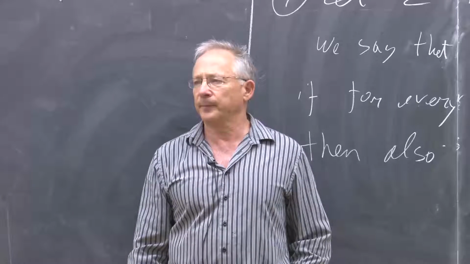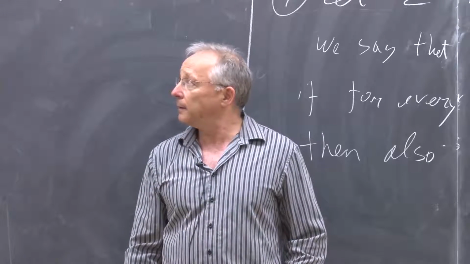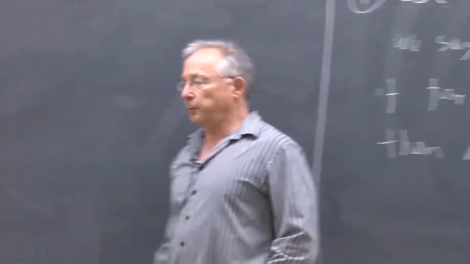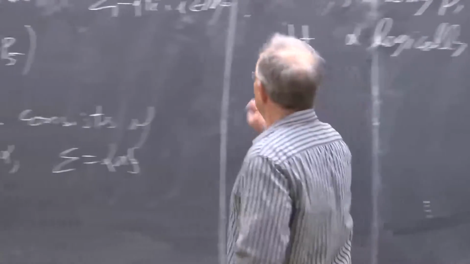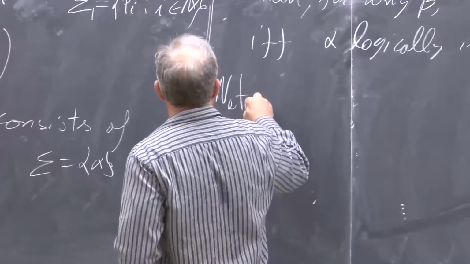Yes? Does that notation for logically implies only apply for sets implying? Okay, so that's a good point. We will also use this notation. So here is just a comment about notation.